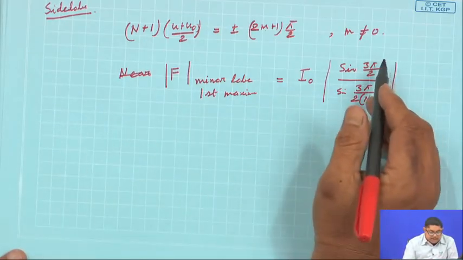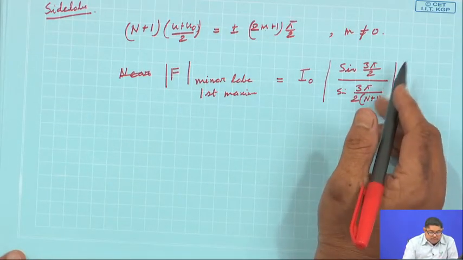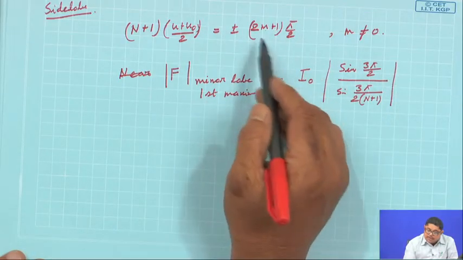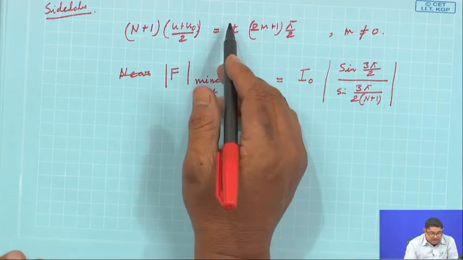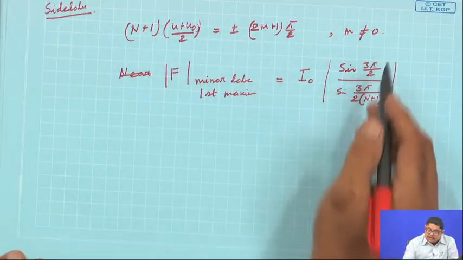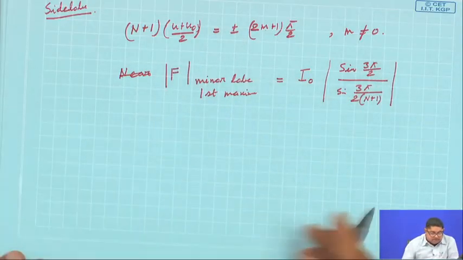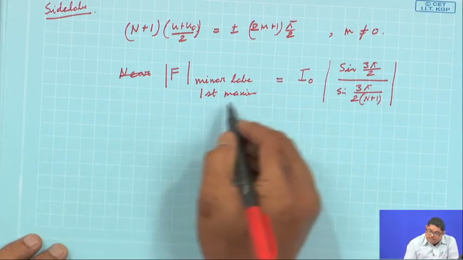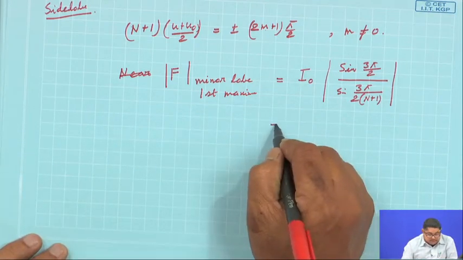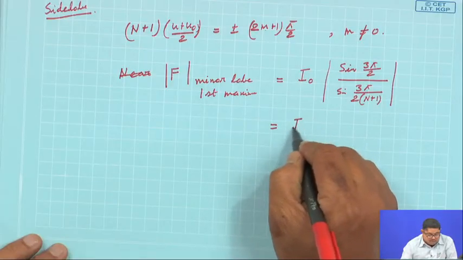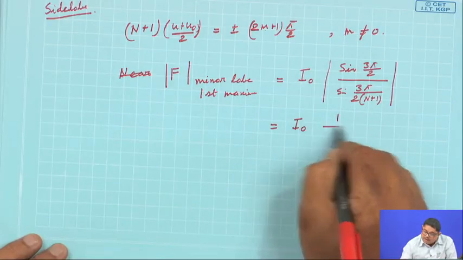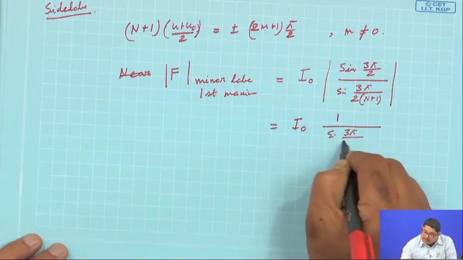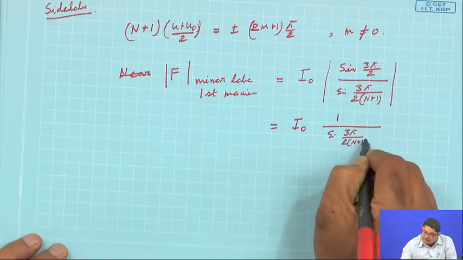Please note that for m equal to 0, this becomes plus minus pi by 2, and that does not give a minimum because the denominator also becomes very high. So this is I naught 1 by sine 3 pi by 2(n plus 1).